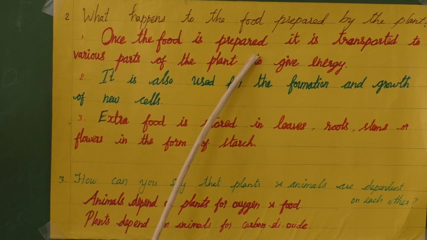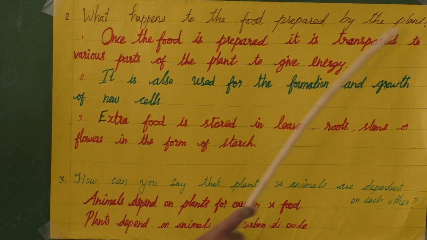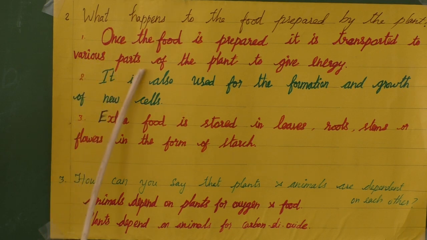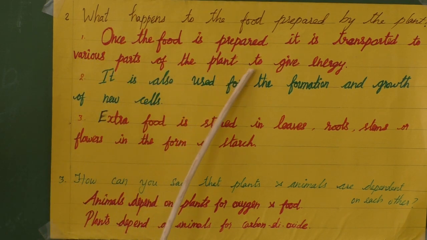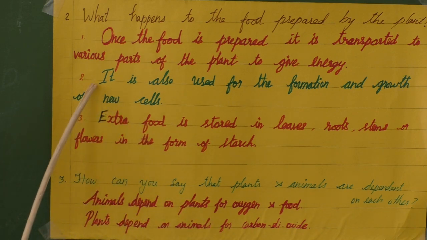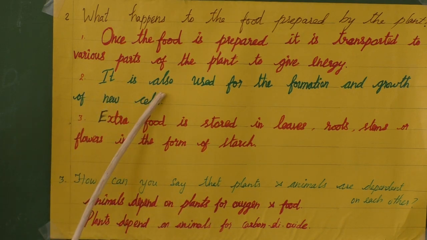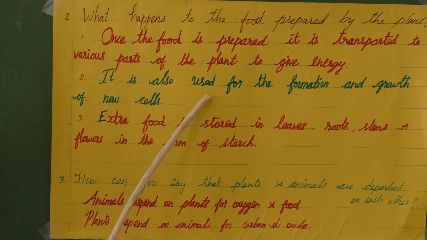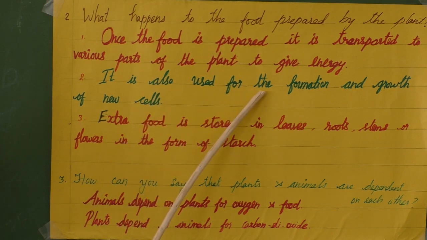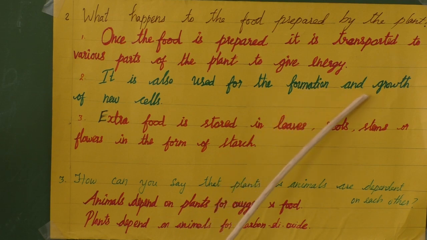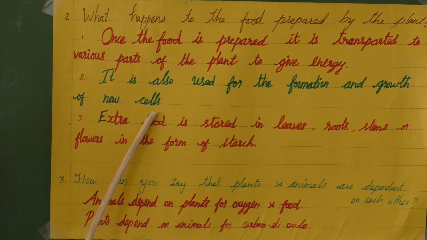Once the food is prepared, it is transported to various parts of the plant to give energy. Then the second one, it is also used for the formation and growth of new cells.